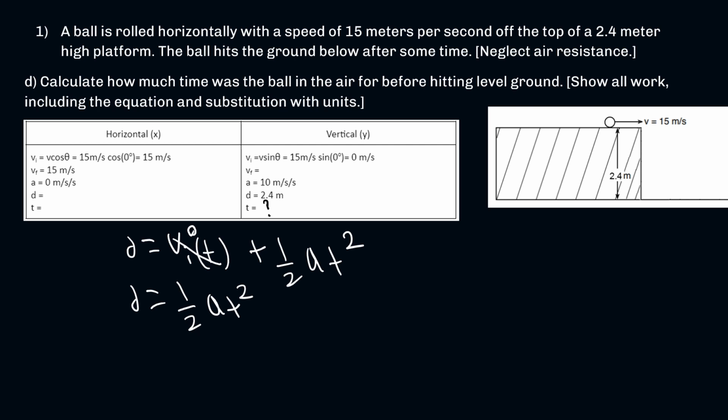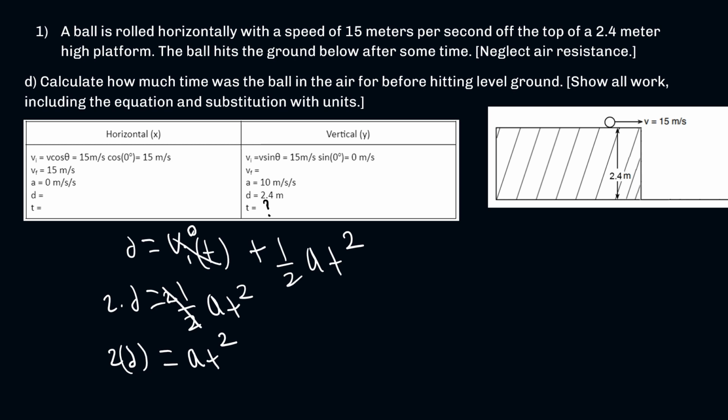The two things that I see attached to it here are 1/2 and a, by multiplication. So in order to get 1/2 away from the a and t squared, right now it's really just like a t squared over 2. So the opposite of that is going to be multiplying 2 on both sides of the equation. So on this side, it will cancel. And I'm going to have 2 times d is equal to a t squared. Then my next step, I have a times t squared.